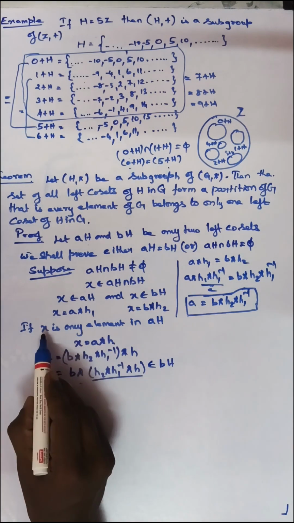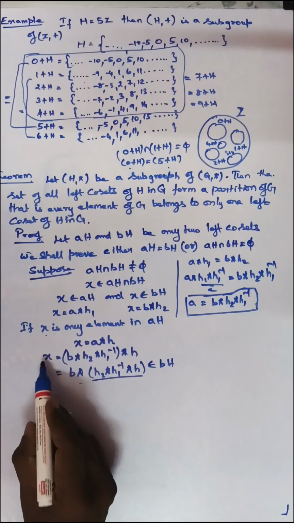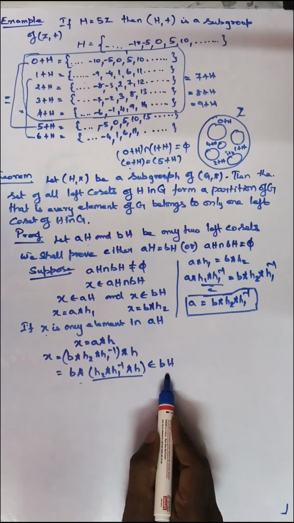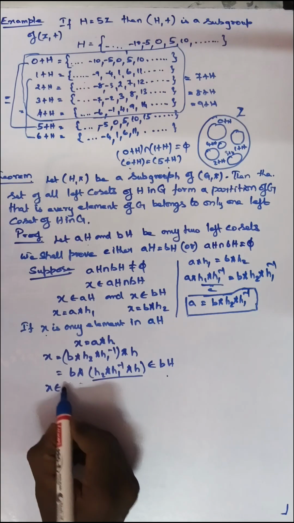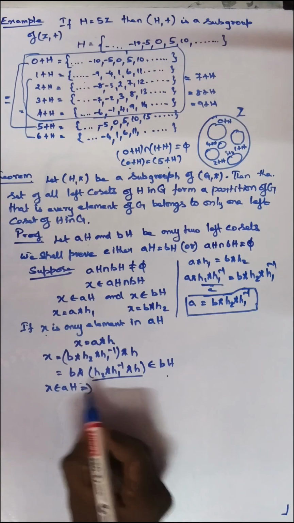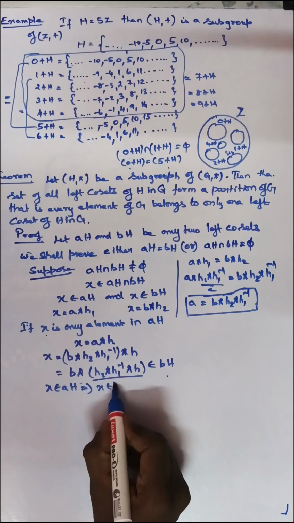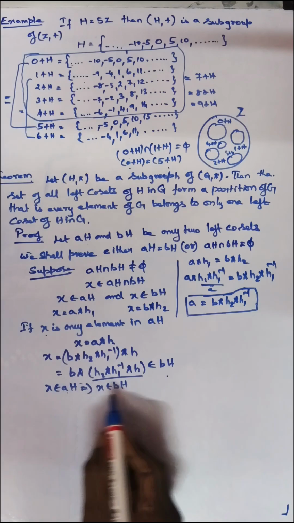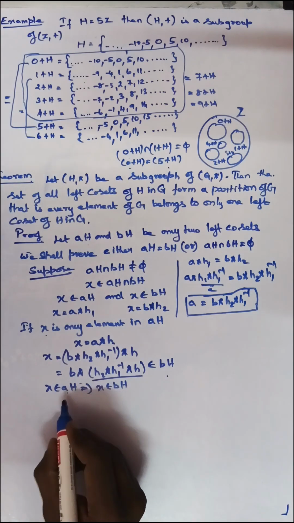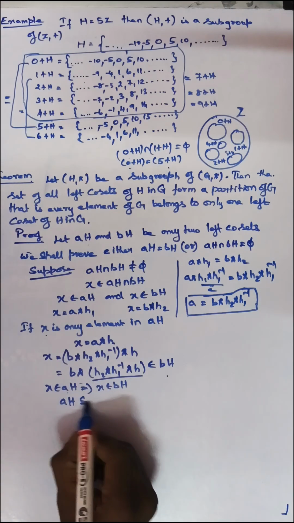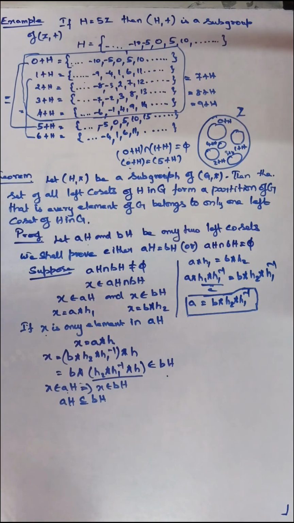We started with X in AH, but we proved X belongs to BH. That means X belonging to AH implies X belongs to BH, so AH is a subset of BH.